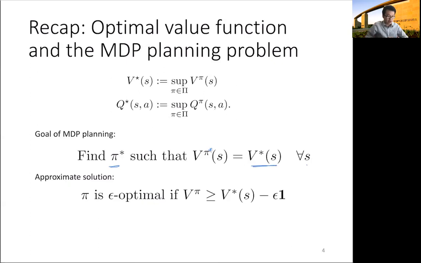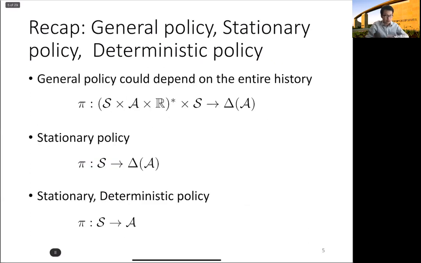So we say that pi is epsilon optimal if the L infinity norm between v pi and v star is bounded by a parameter epsilon. So we want v pi to approximate v star uniformly at all coordinates within epsilon. I hope these are clear and familiar to you.